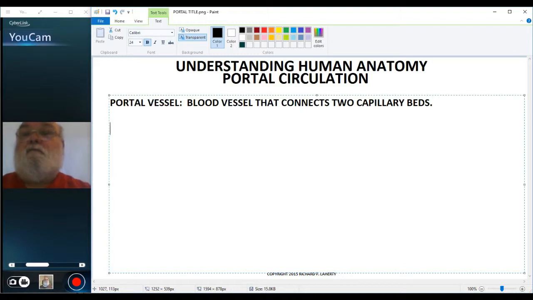Now, when we talk about portal circulation, we're talking about blood drained into the portal vein.